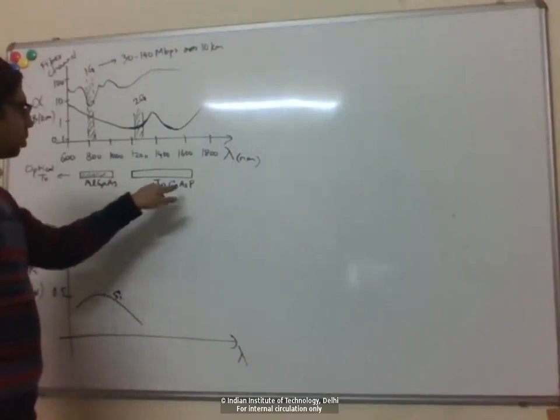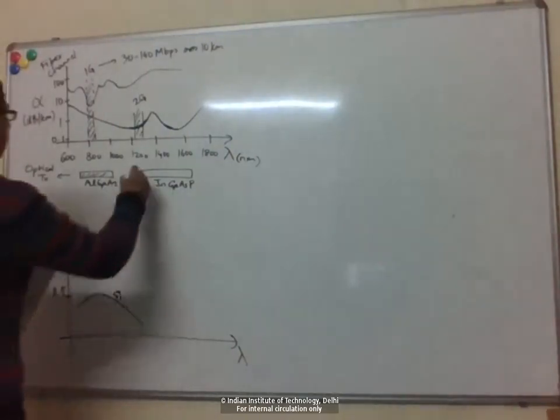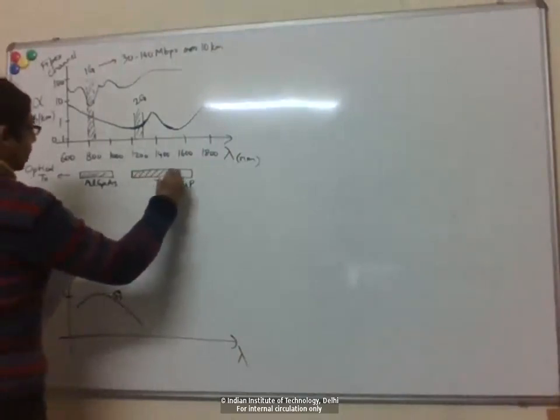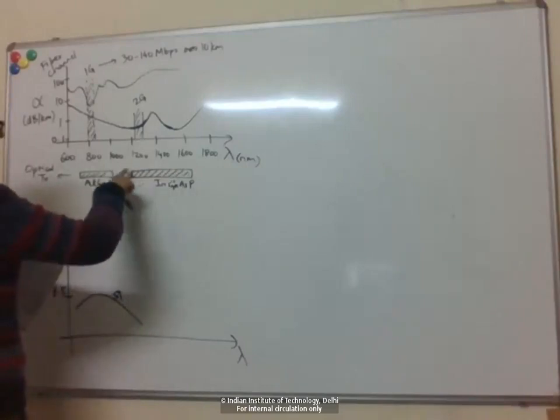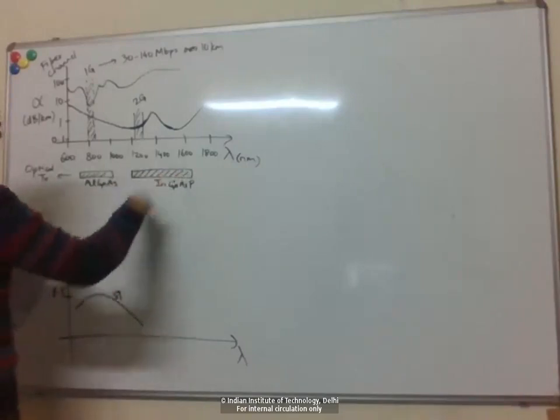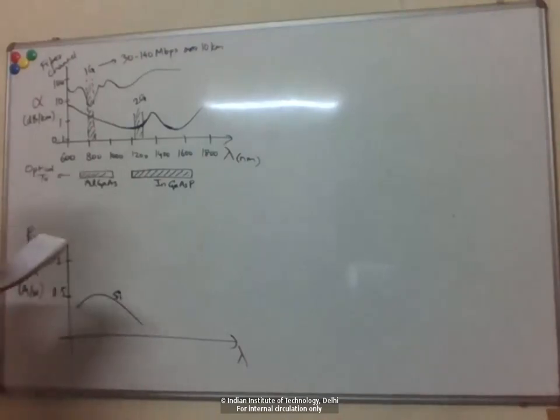Indium and gallium are from group 3, arsenic and phosphorus are from group 5. Again depending on the mole fractions and the relative ratios, one can tune the wavelength over this range, the near infrared. That's for the sources.